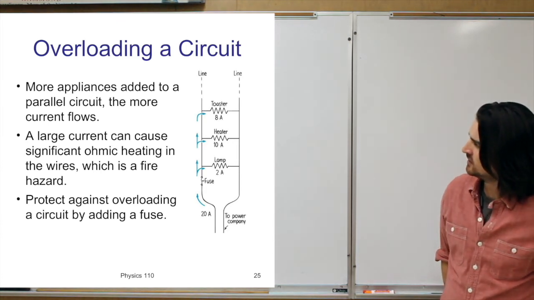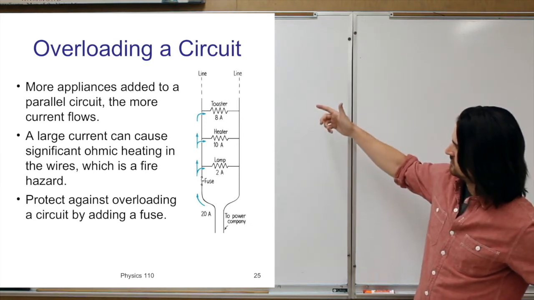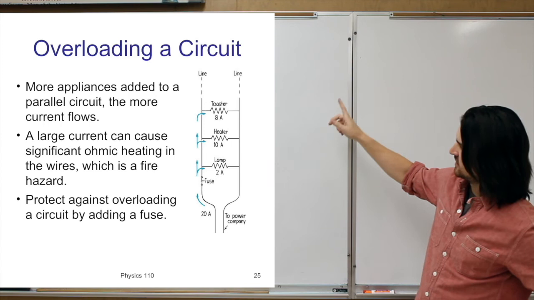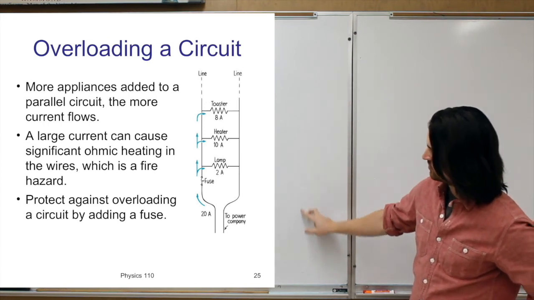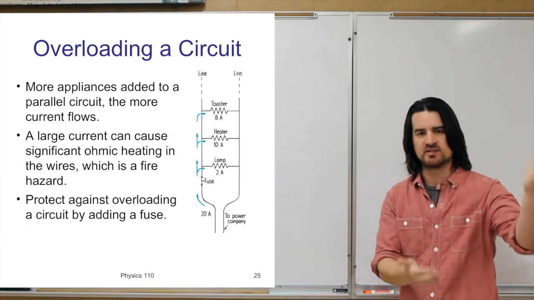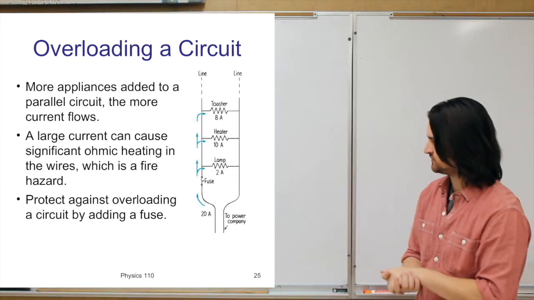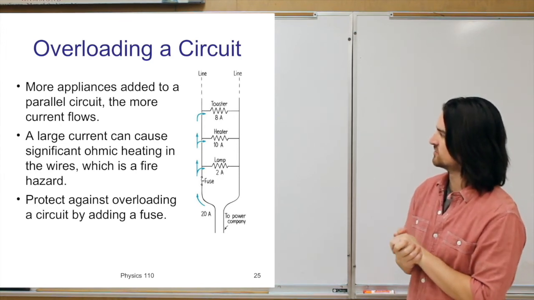And we could draw a picture of those circuits, maybe something like here, where the lines here at the very bottom go down and eventually connect to a power company that's supplying a potential difference for you. They're supplying a voltage source, or acting as a voltage source for you.